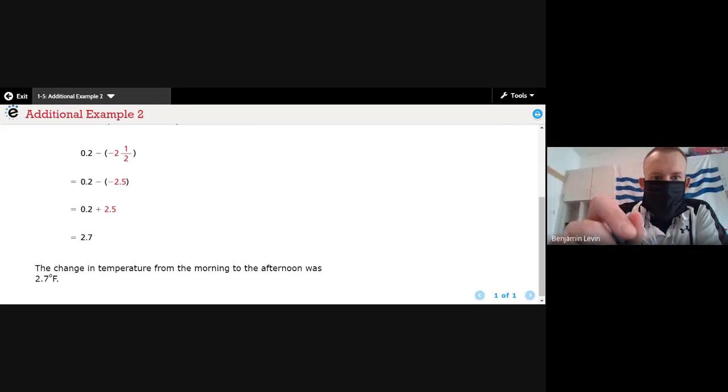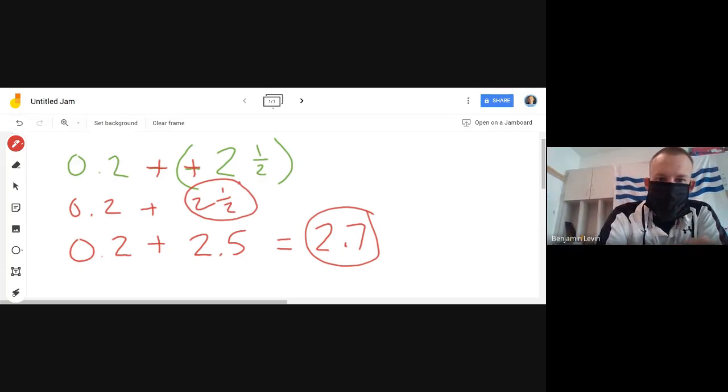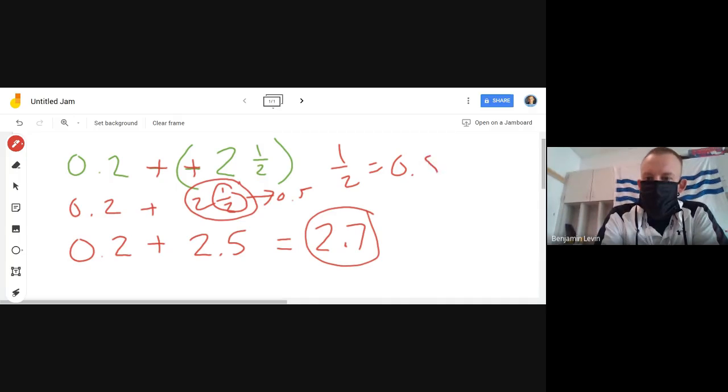Oh, forgot to click for those of you guys at home. Here's how we did that, right? 0.2, we plus 2.5. We had a double negative here, so we made that a plus plus. 0.2 plus 2.5. We took the half, which is the same as 0.5, right? 1 over 2 equals 0.5.